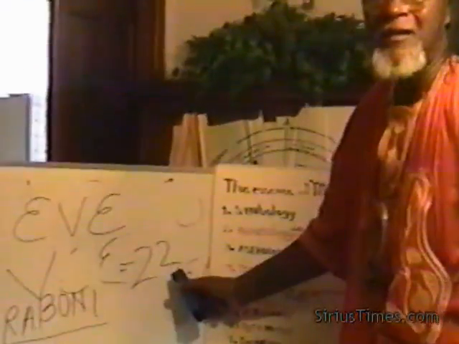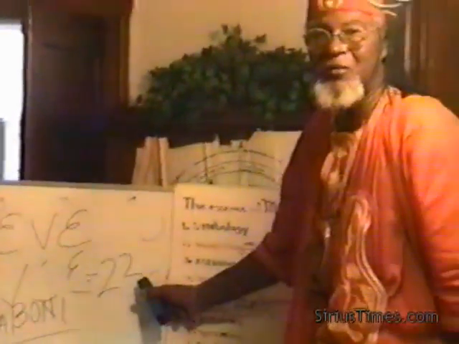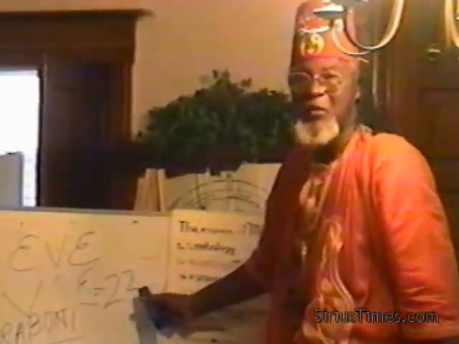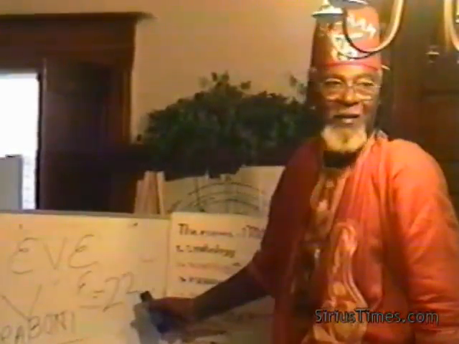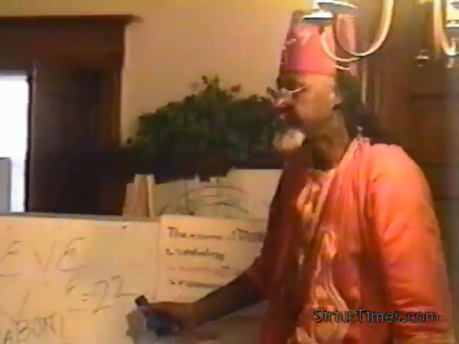What is rabbi? Priest. No, not just priest, not just teacher. Teacher. Master. Master teacher. That's what this number means in numerology, master teacher. That's a feminine principle. 22, yes.